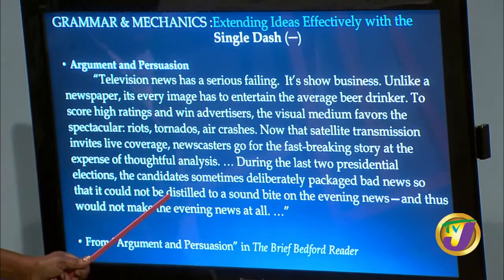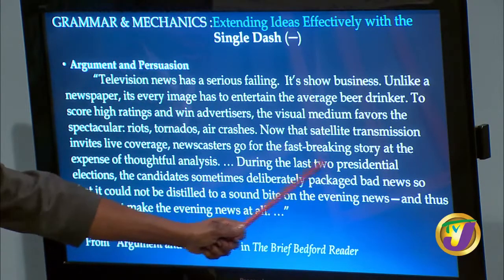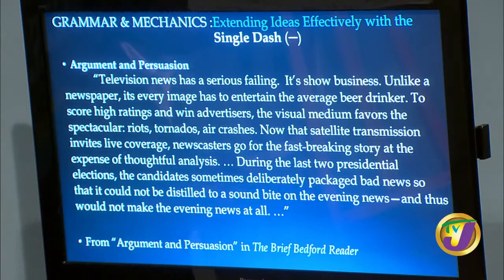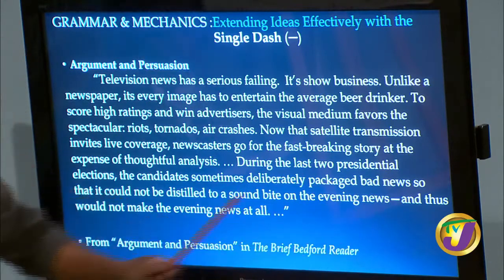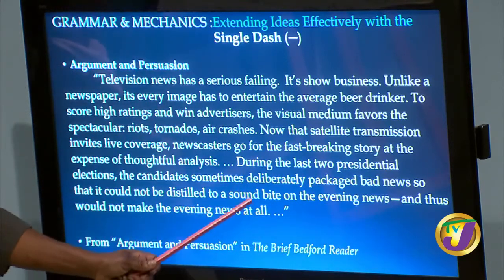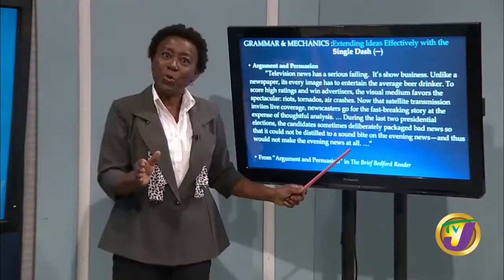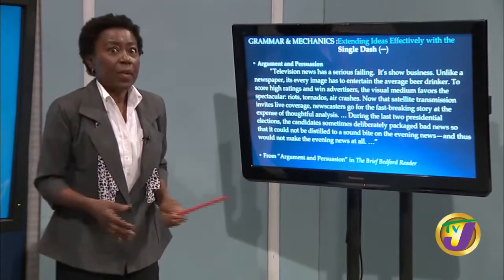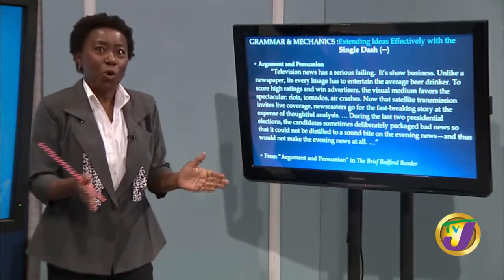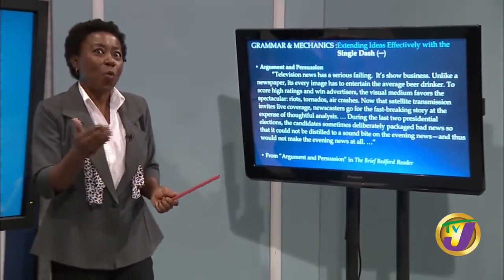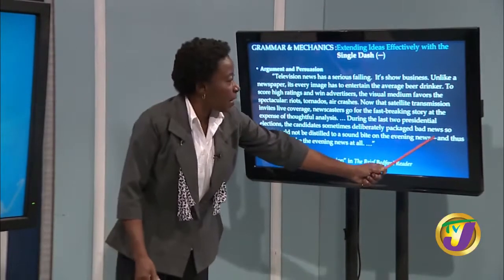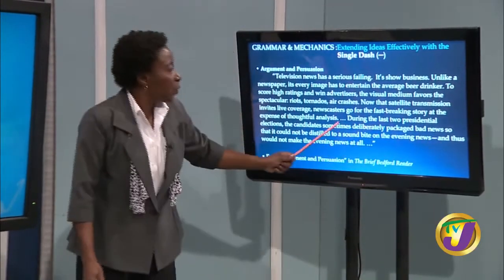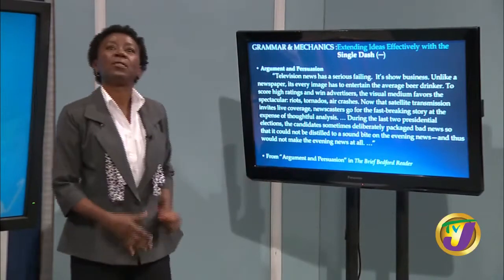So why it is packaged deliberately, okay, hidden, and thus would not make the evening news at all. So some parts of news, it's saying, are hidden, and the sensational parts would come out to make persons want to watch the news. So this dash is giving the explanation to the foregoing sentence.